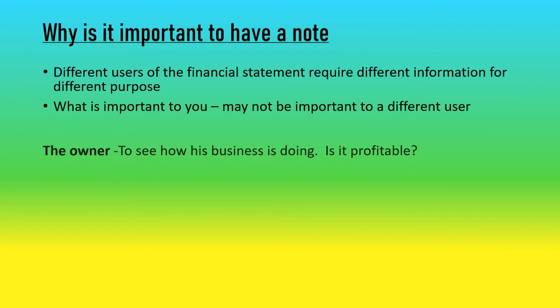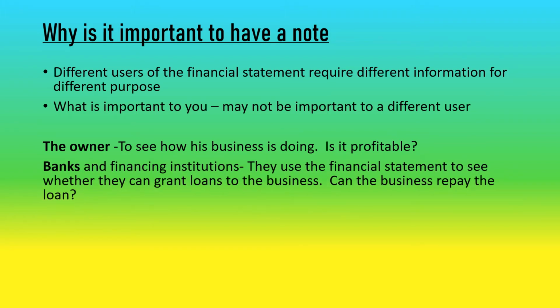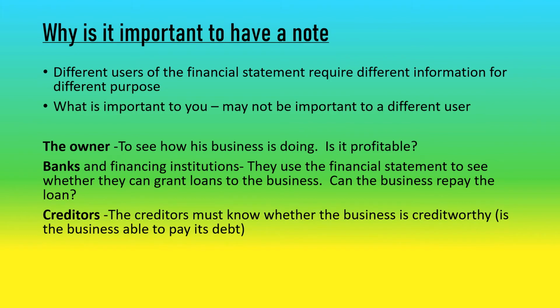For example, the owners of the business would want to see if the business is doing well. Is it profitable? Banks and financing institutions use the financial statement to see whether they can grant further loans to the business. Will the business be able to repay? Similarly, creditors want to know whether the business is creditworthy.